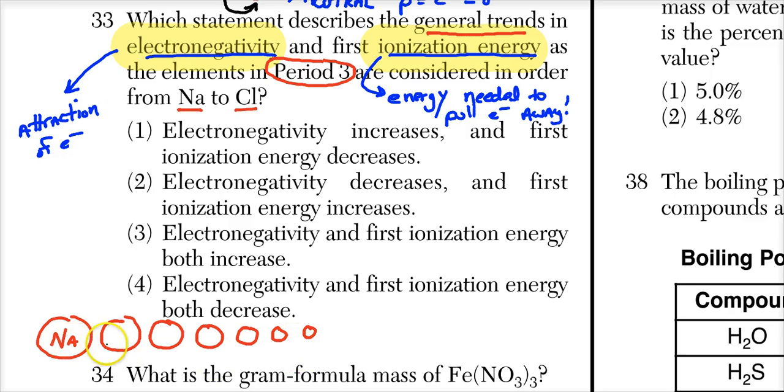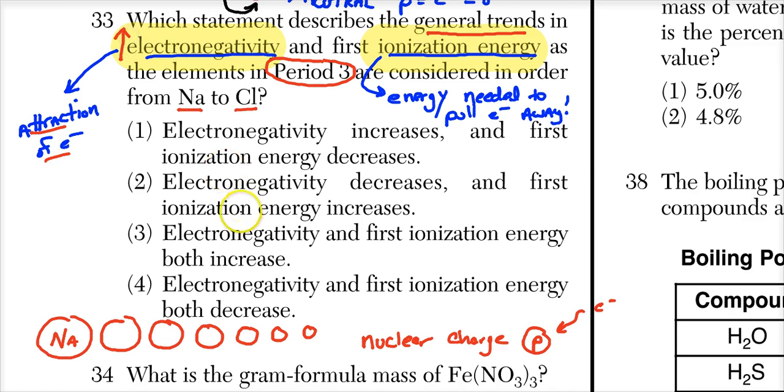As you have more protons, or we use the word nuclear charge, right? Nuclear charge is the what? Positive pulling force of the nucleus. Nucleus has protons and neutrons. Neutrons have no charge. So as you add protons going across a period, the amount of attraction that it can have for electrons increases.